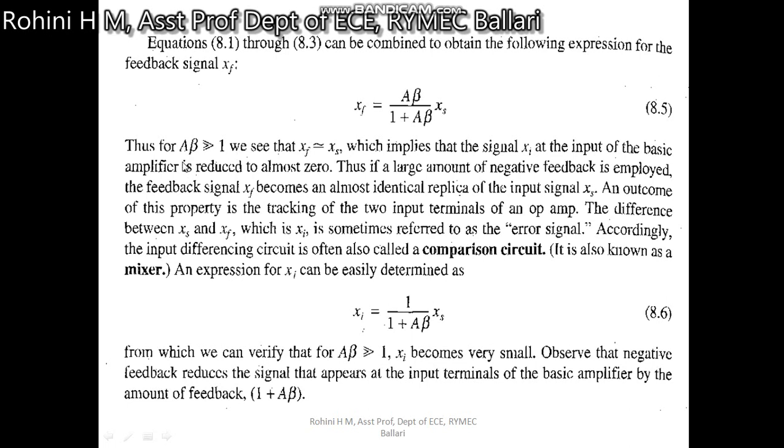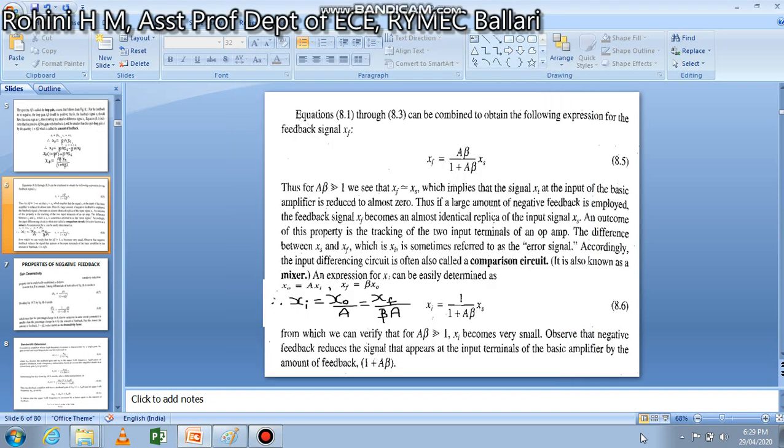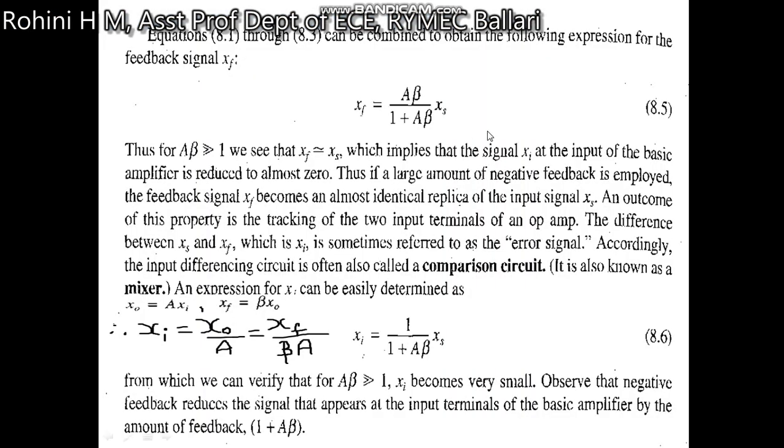Thus for A beta very much greater than 1, numerator and denominator cancel, so we can say that XF is just equal to XS, which implies that Xi, the difference between XS and XF, is reduced to 0.